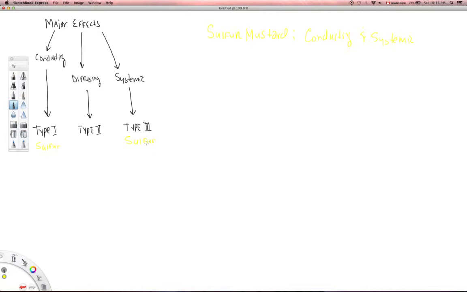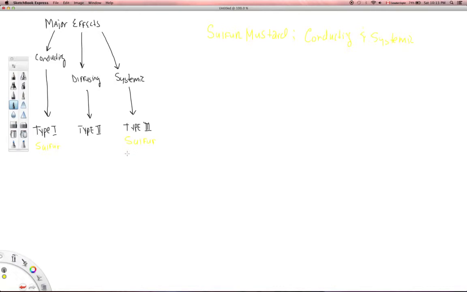And then we also know that mustards, sulfur and nitrogen mustards, have profound effects when it comes to DNA. And so you can get some pretty significant systemic effects, certainly when it comes to the immune system, immunological effects.